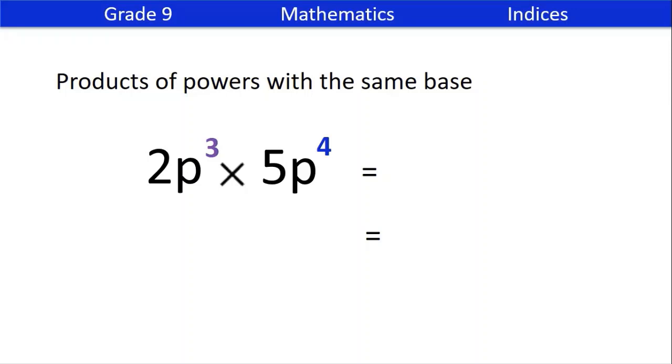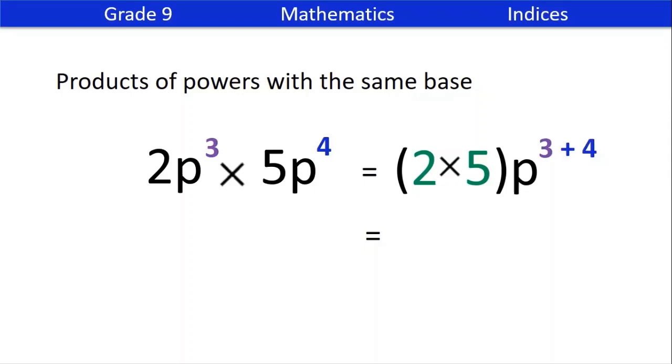And here, first of all, we can see there are two numbers. So first of all we need to multiply the two numbers 2 and 5. And after that we can see there are two powers. P to the power 3 we need to multiply by p to the power 4. And here we can see both have the same base p. When we are multiplying the two powers, what we need to do is add the two indices.